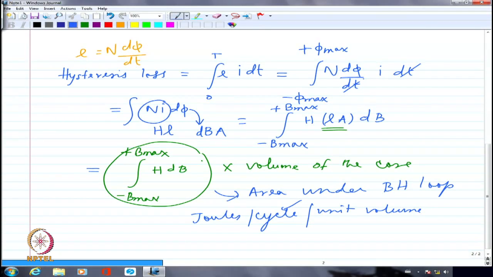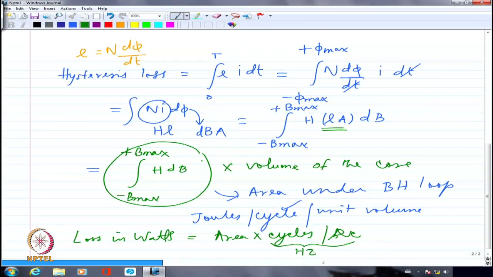So if I want the loss in watts, I have to multiply this area by cycles per second, that is hertz. I also have to multiply this by the volume of the core.